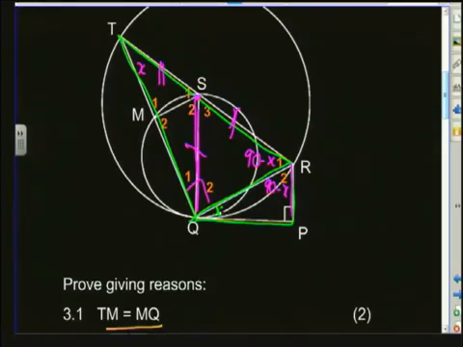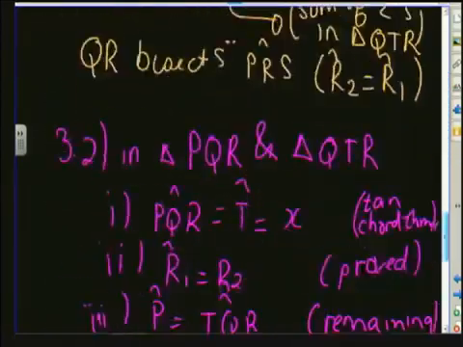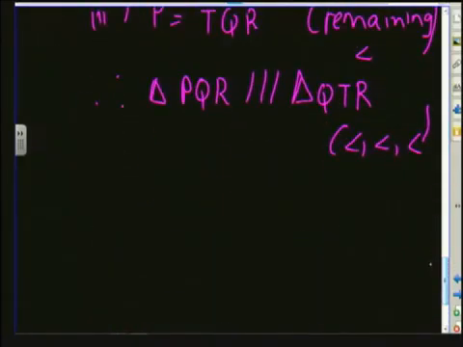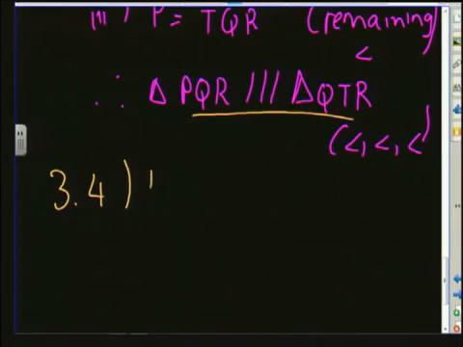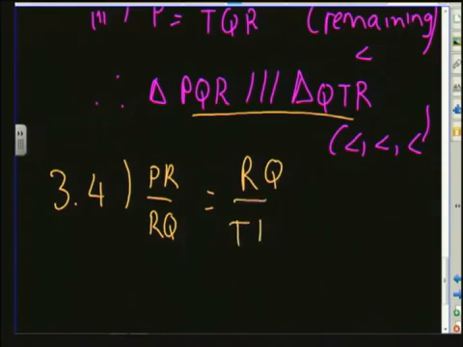Okay, let's write down the proof for this one. This is now 3.4. All right. So from the similar triangles, which we've just proved above there, I can say that PR over RQ, or QR, is equal to RQ over TR.